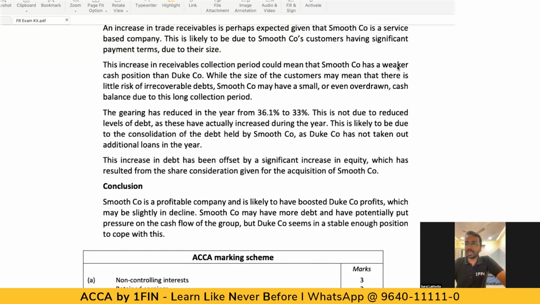Every 6 or 7 days, we keep getting requirements for ACCA. Even if you are pursuing ACCA and have completed skill level, companies are willing to take you up. But whether I will get a job or not, I don't want to make a false promise here. It depends. You will pass, but the interview you have to crack. Your communication skills are very, very important.